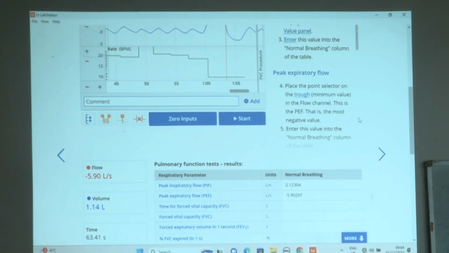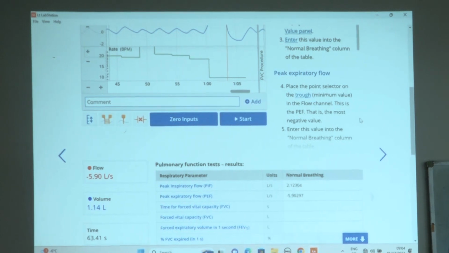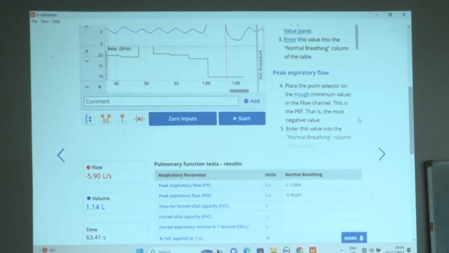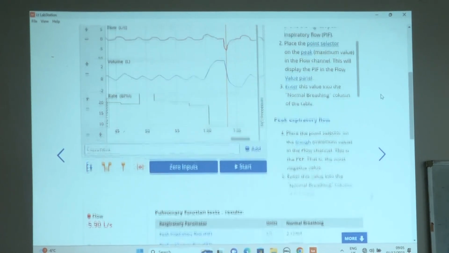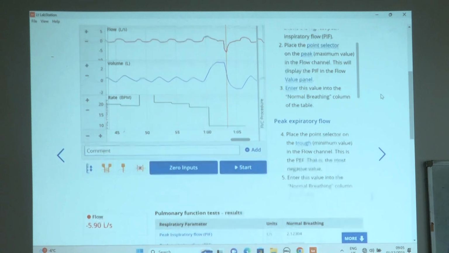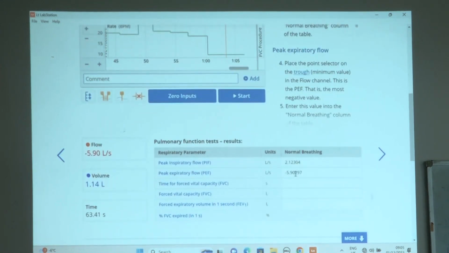Because expiration is a negative value. Inspiration is a positive wave. As you breathe in, we have a positive wave, and breathe out, there is a negative wave. So that is the negative wave that we have for peak expiratory flow, and we have placed it there.